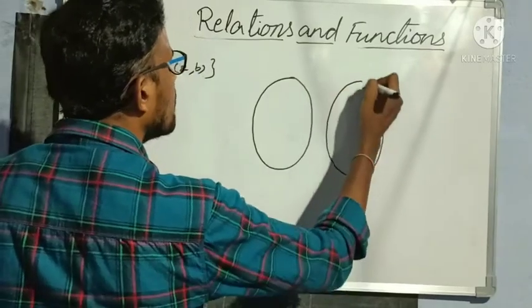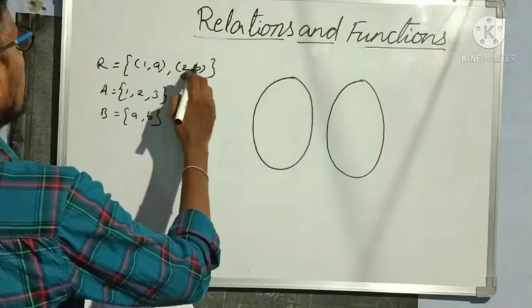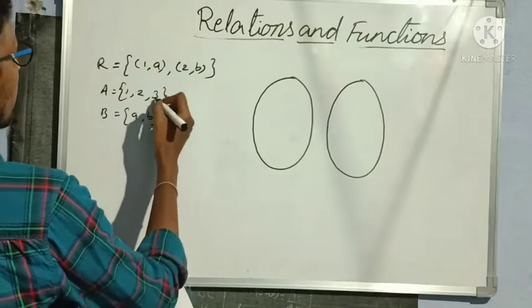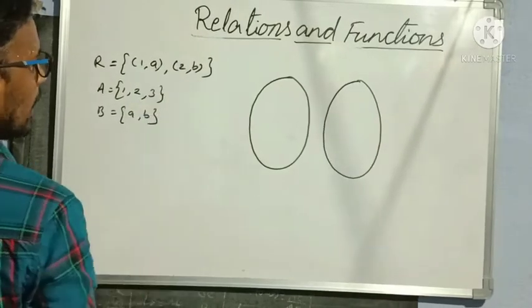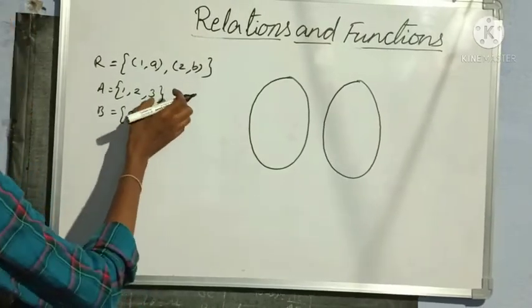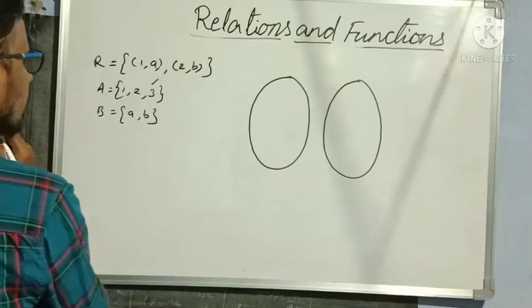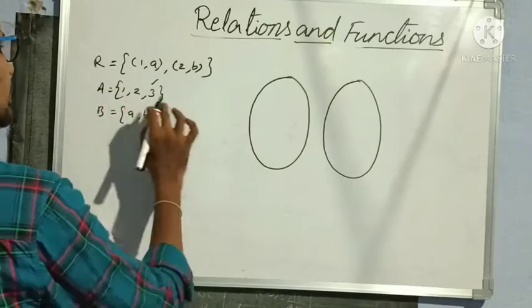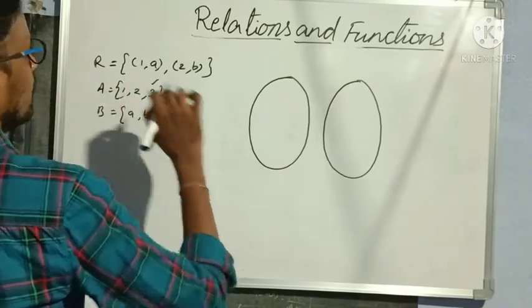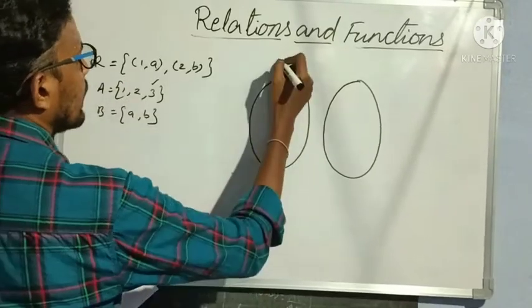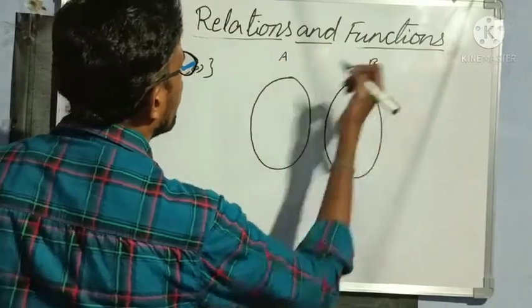Why? Because here 1 is mapped to A and 2 is mapped to B. But 3 doesn't have any mapping here. So can we represent A without 3 here? No, we should not do like that. Even when it is not mapped, we should represent 3 in our set A. That is very, very important. Understood everybody?